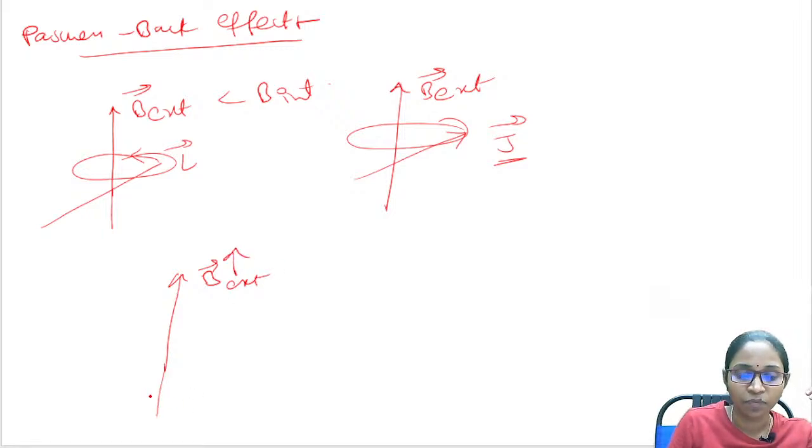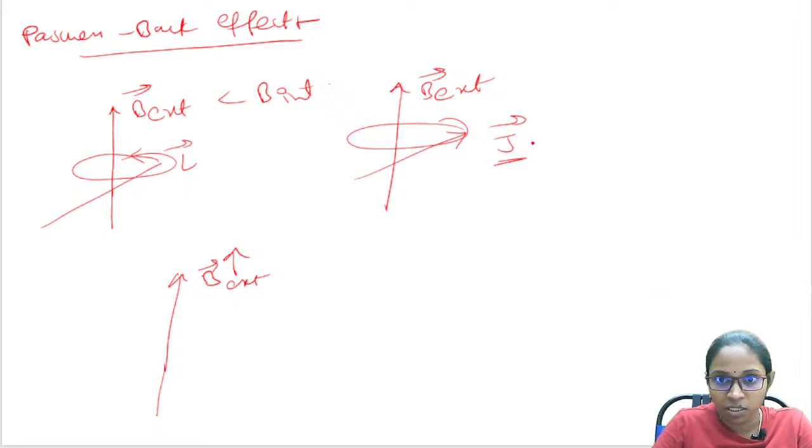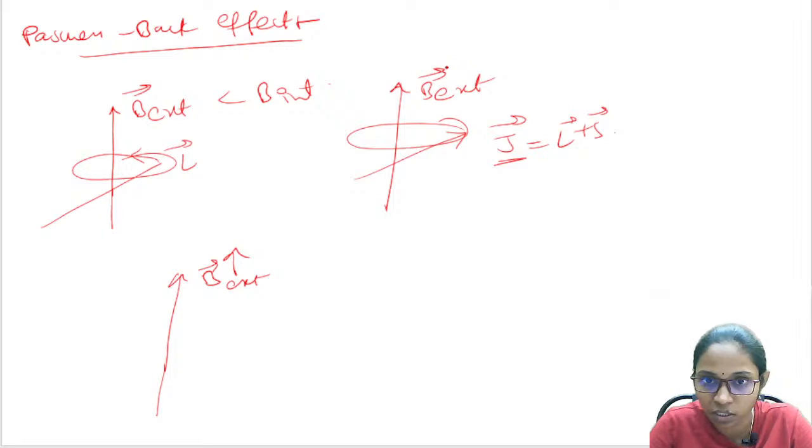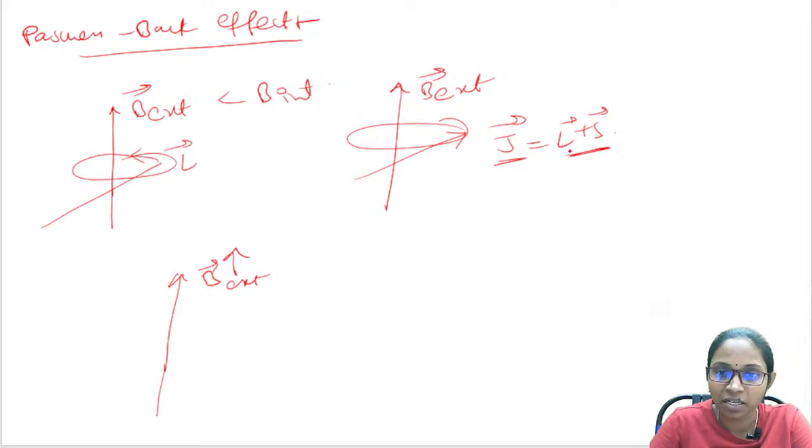what happens? Here J is equal to L plus S, we know that. If you increase this external magnetic field, what happens? The interaction between L and S will break down.